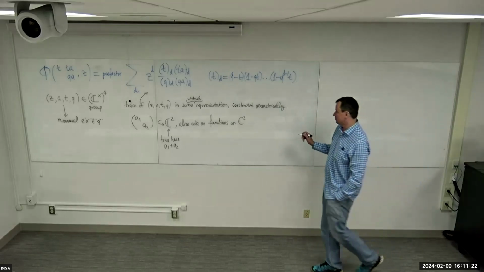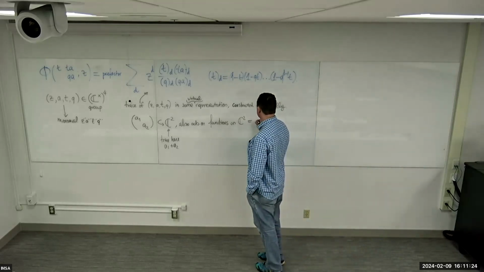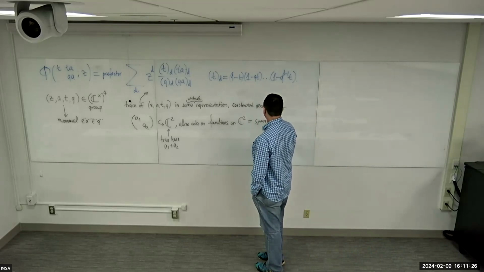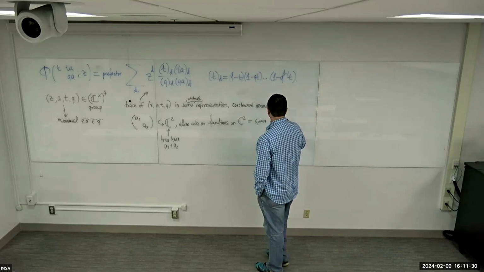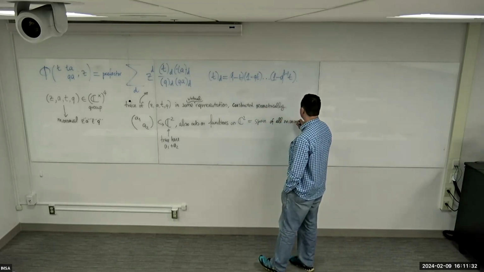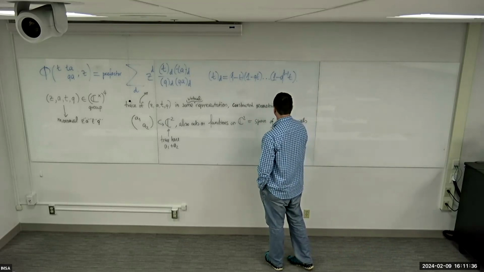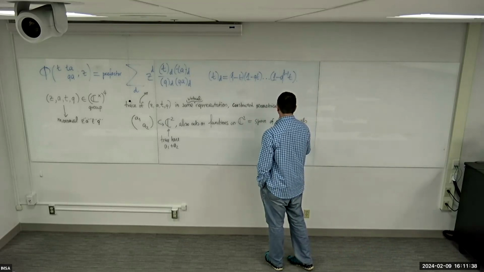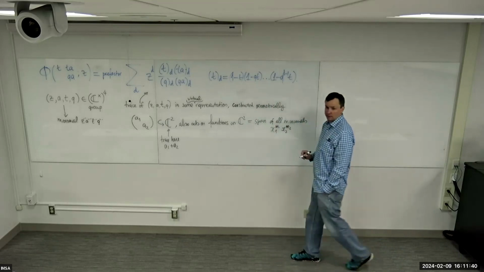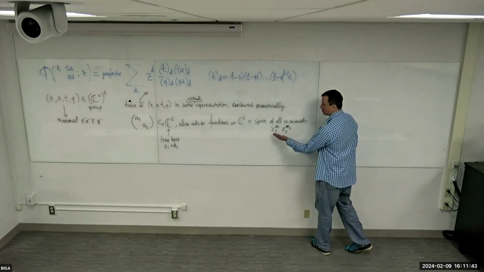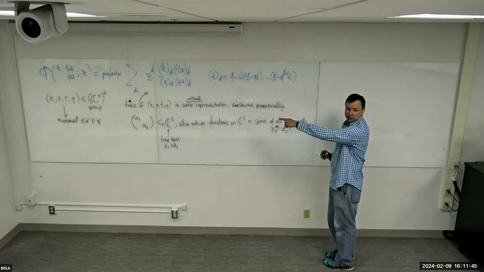This means this is the span of all monomials x1 to some power m1, x2 to some power m2. And each of these monomials is an eigenfunction of this matrix.